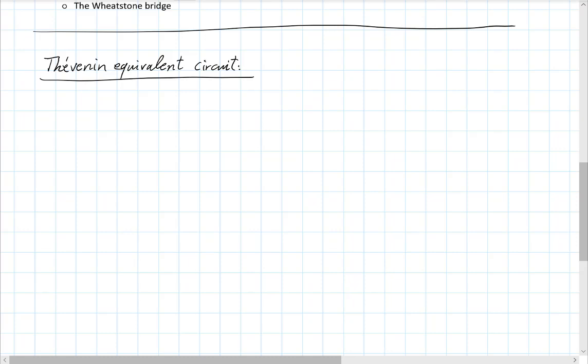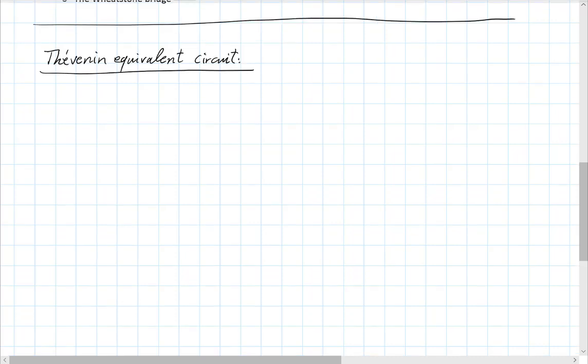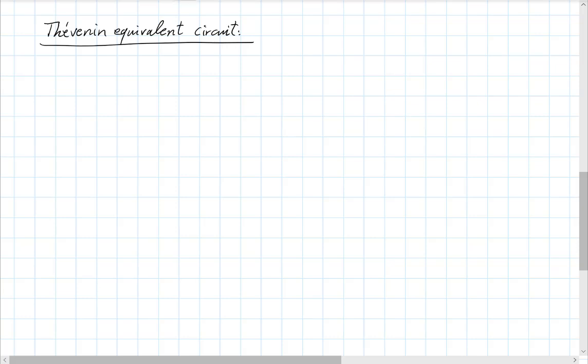Okay. Now, if you think about it, that's a very powerful statement. So let me write it down, and we'll try to get some insight into it. But so Thevenin's theorem.